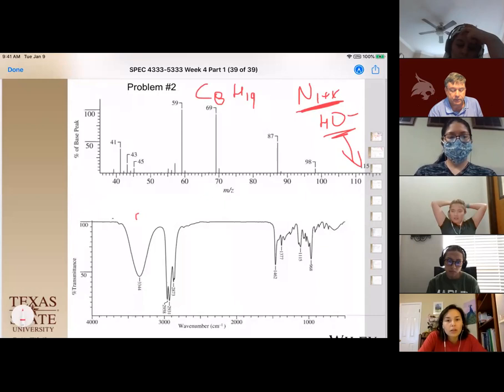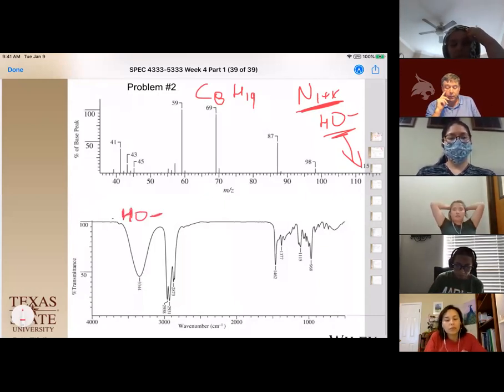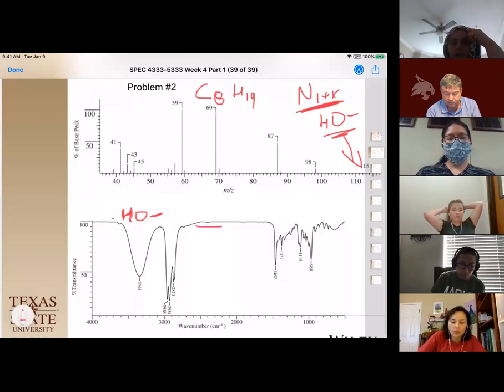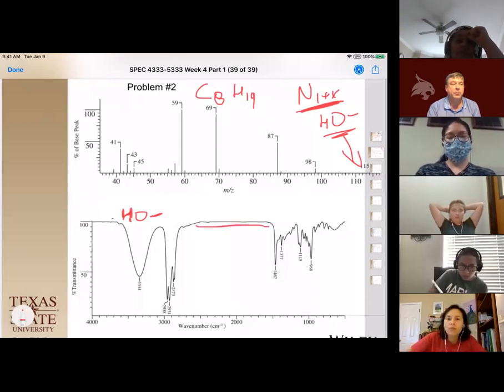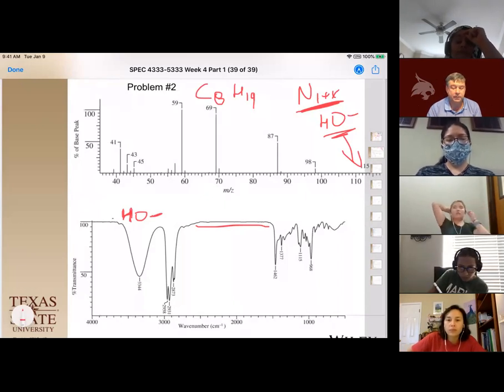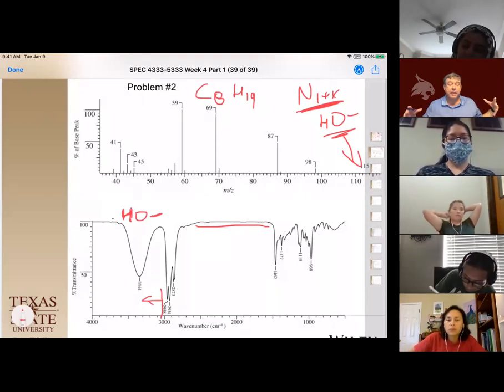Big hydroxyl peak right here. Exactly. So we have a big OH peak. We have no ketones, no carbon-carbon double bonds, no carbon-carbon triple bonds, and we don't have any sp2 hybridized carbons with hydrogens. So we have a completely aliphatic alcohol of some sort.